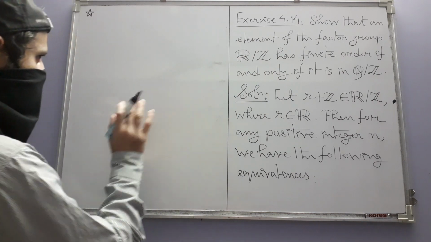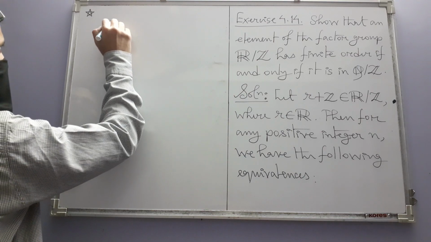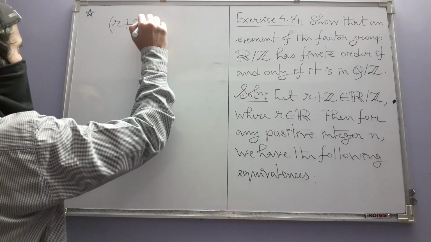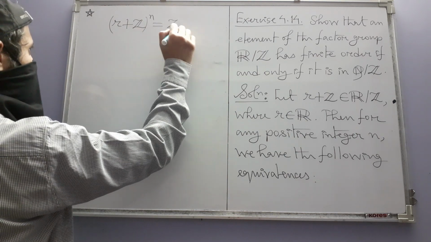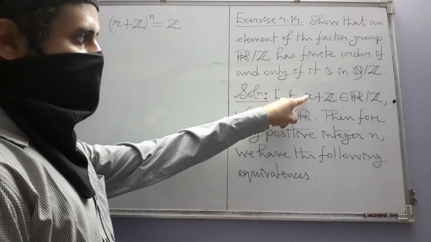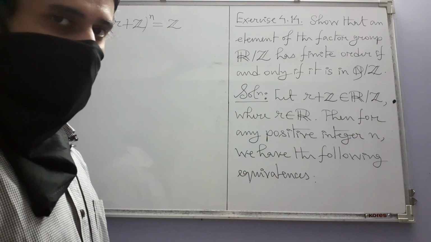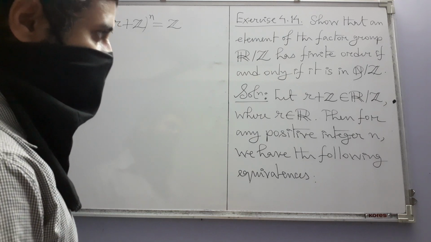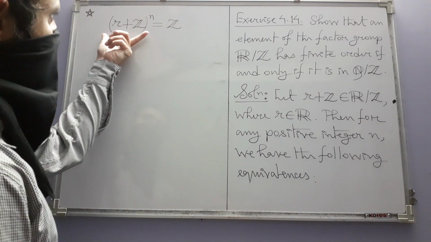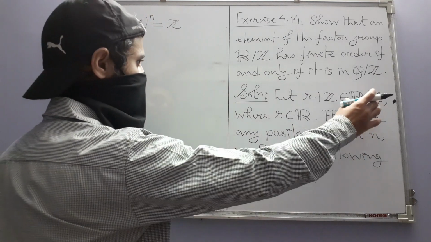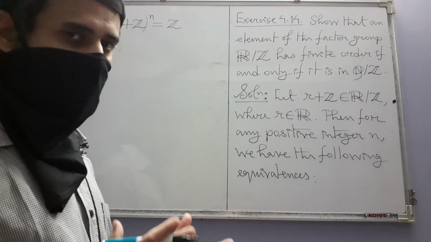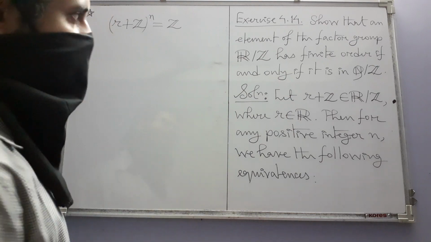So what I am trying to write here is this. The element r plus z having finite order means the existence of such a positive integer n such that this nth power of r plus z in this group is equal to the identity element in this group, because that's the condition for having finite order.